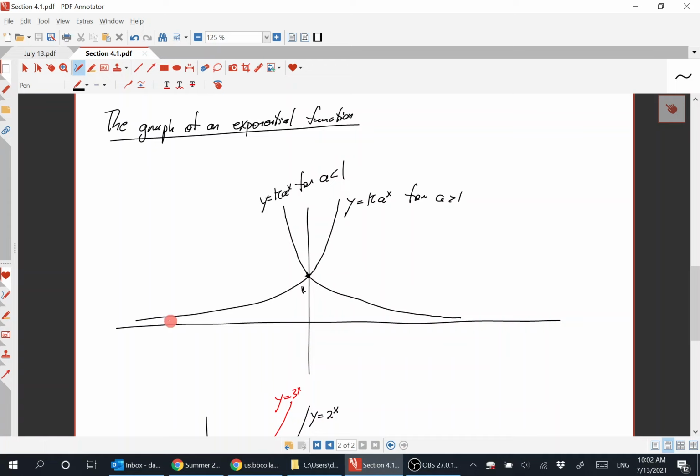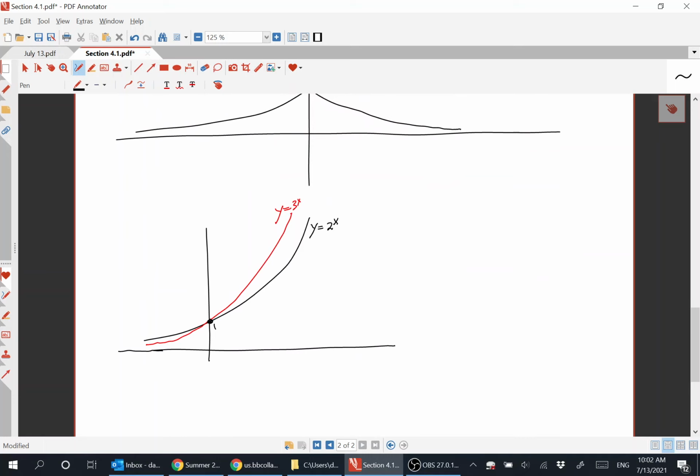For negative x's, it has a horizontal asymptote at the x-axis. It gets closer to 0, in other words, and then it gets really large, really fast for positive x's. If a is less than 1, then it's the same graph, just flipped around the y-axis. Okay, so that's basically what exponential functions look like. There's no x-intercept. The y-intercept is at k.